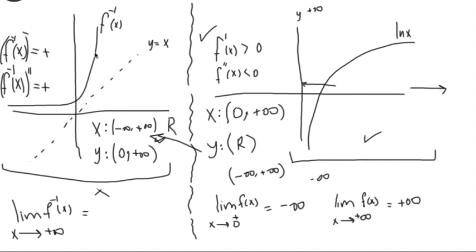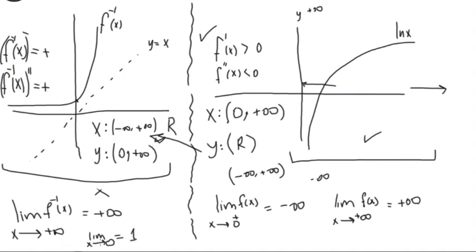When x approaches positive infinity, it is infinity too. But when x approaches 0, when we try to approach 0 from both sides, it would be 1. Well, this point is 1. We know this by definition.